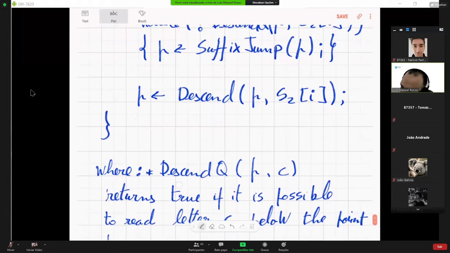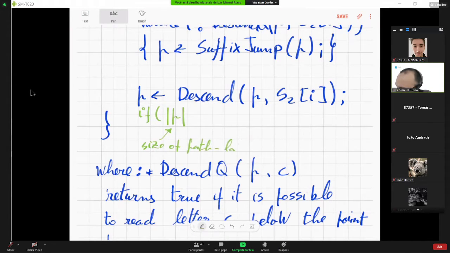After I descend, I check the size of the current point, by which I mean the size of the path label of P. If this is larger than my L, then L becomes this.